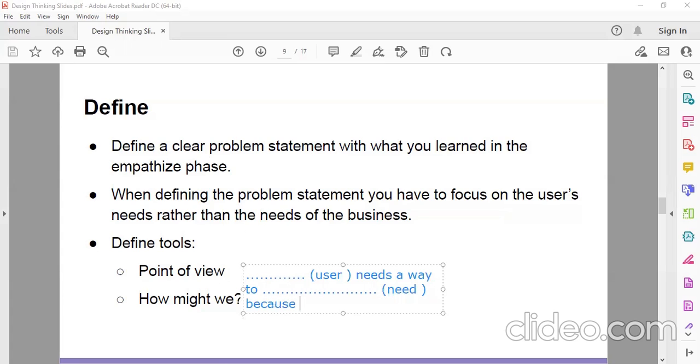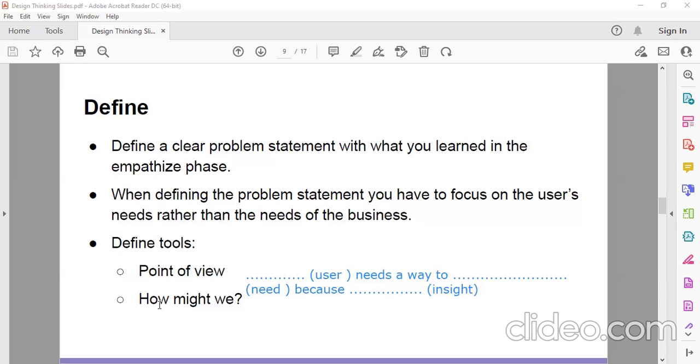Then because... here you have to mention the insight. What do they want to achieve from here? What are the things they want to establish with this particular action or with this particular effort, right? So this kind of a template can be created for this point of view tool. In this way, you can define a problem statement. You are trying to just define a problem statement here, right? So with this point of view, clearly you can define the problem statement, right?